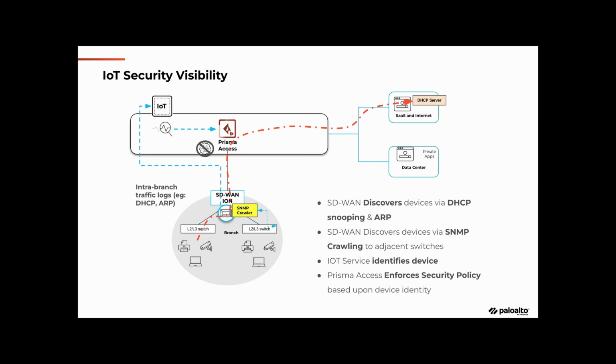We use things like DHCP snooping and ARP, but we also have the ability to do SNMP crawling, using the ION as an anchor, if you will, to crawl the network. Crawling the LAN or even crawling over the WAN to other third-party locations to discover these devices as we see fit.